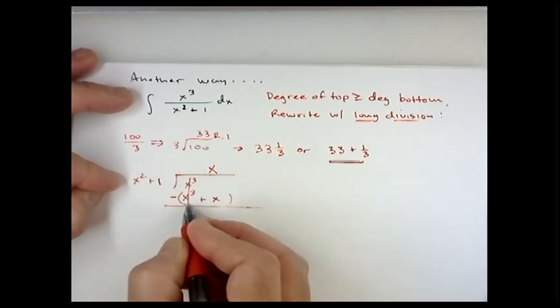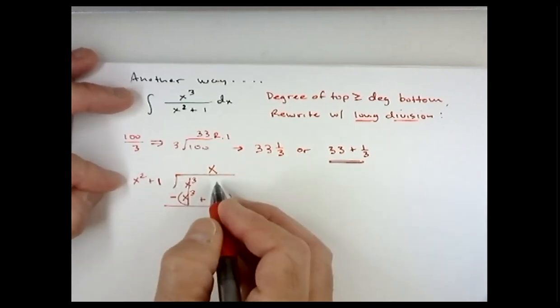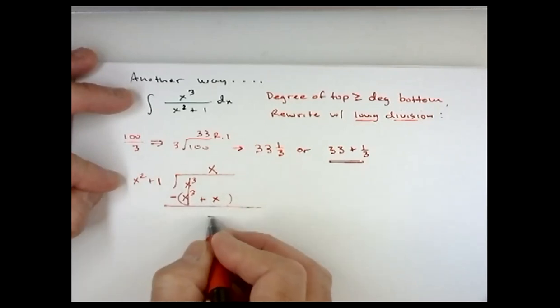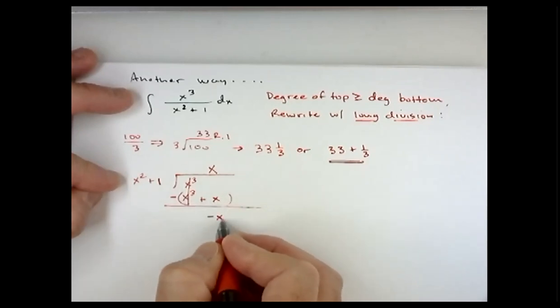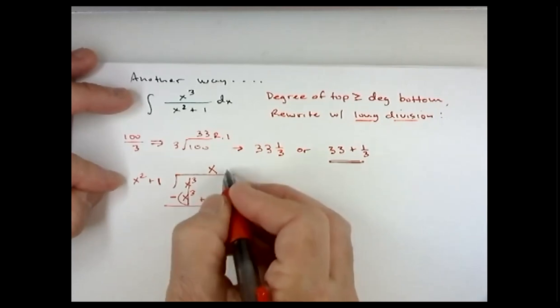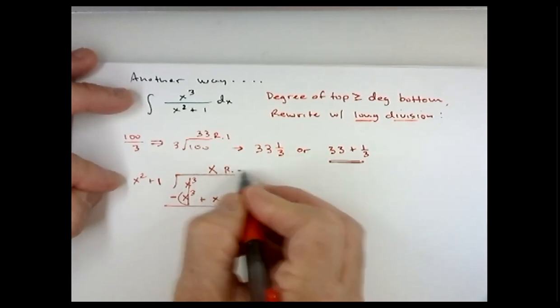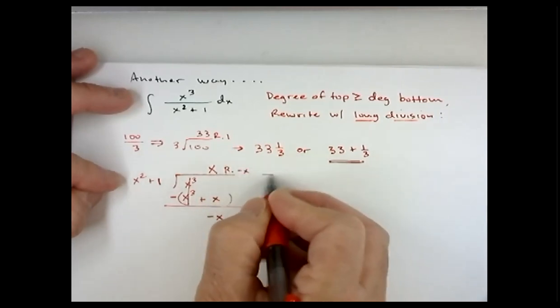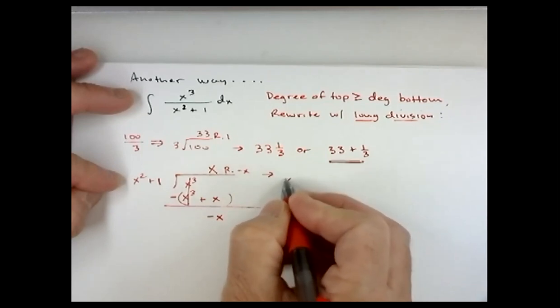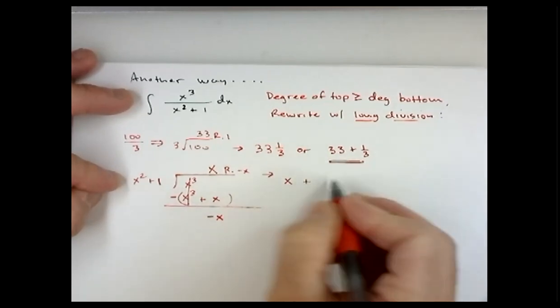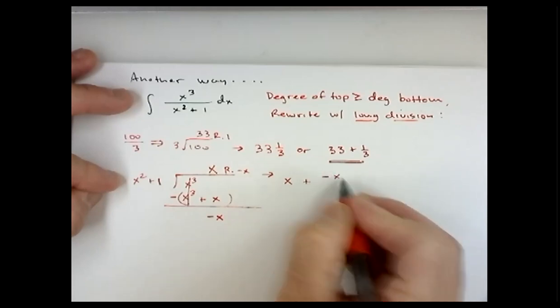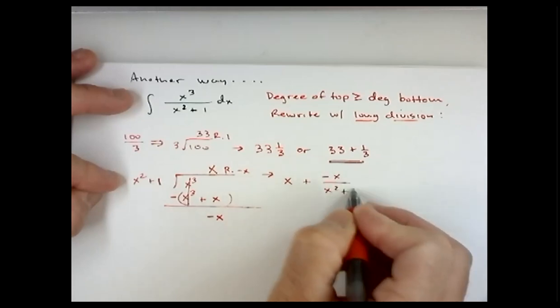And if I subtract, that cancels. I have nothing minus x, so I end up with a remainder of negative x. So I could say it's x remainder negative x. That looks kind of funny, huh? How else could I write that? I could write that as x plus negative x over x squared plus 1.